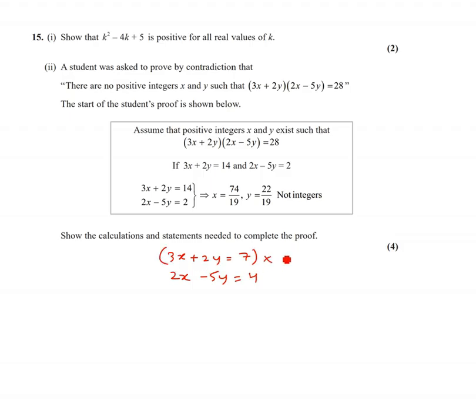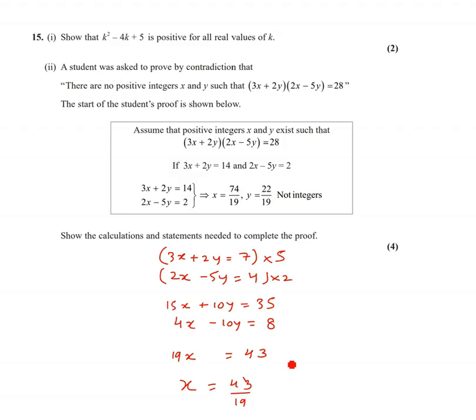So we times this by 5, we times this by 2. So 5 times 3 is 15x plus 10y equals 35. And then 2 times 2 is 4x minus 10y equals 8. Now we add them. 15 plus 4, 19x. 8 plus 35, 43. So again, x comes out as 43 over 19. We can work out the y coordinate, but it's actually not needed.